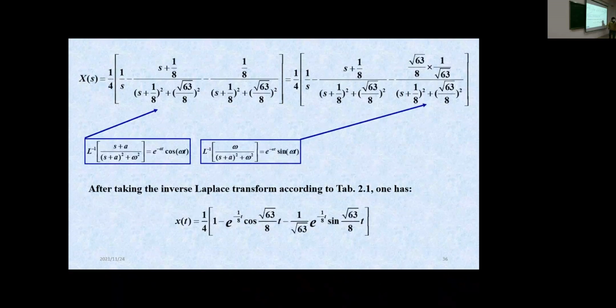So this example, though complicated, helps you understand why we use the Laplace transform. If you do not know this transform and the problem gives you a very complicated differential equation, you have no way to solve it, right?